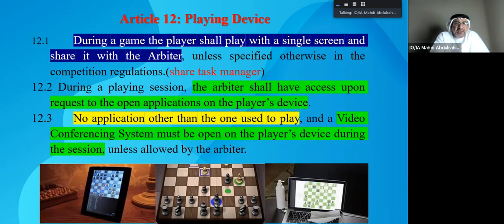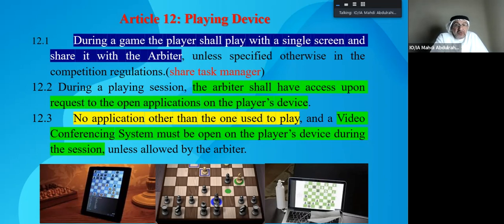So only laptop and only one device system. During the playing session, the arbiter shall have access upon request to the open applications on the player's device. So share screen, go to the device and check what is open and what is not. No application other than the one used to play, only one.